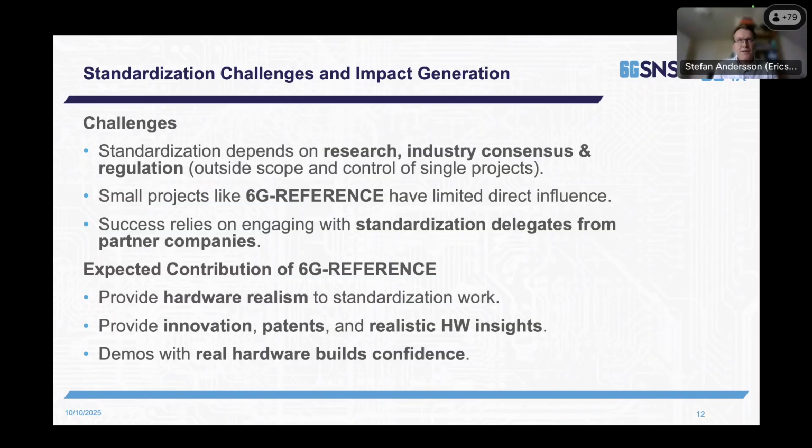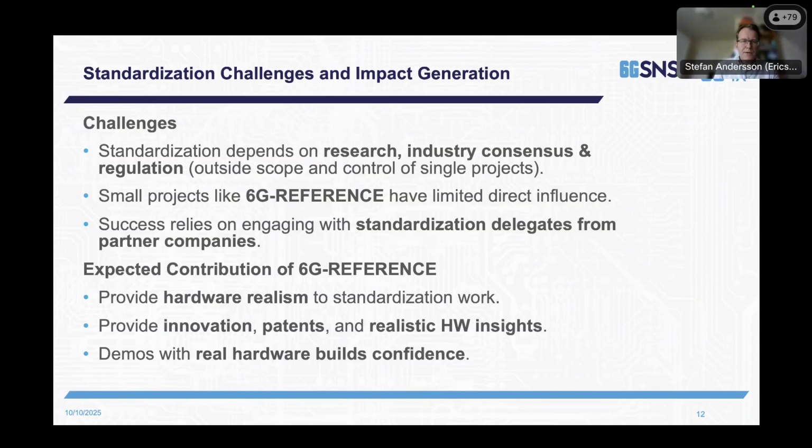It's also so that even if we work on something on a research level, it may not be ready for standardization during the project time. So it's important that we also have those companies that can continue with this and keep those ideas to use with the right timing when it comes to standardization.